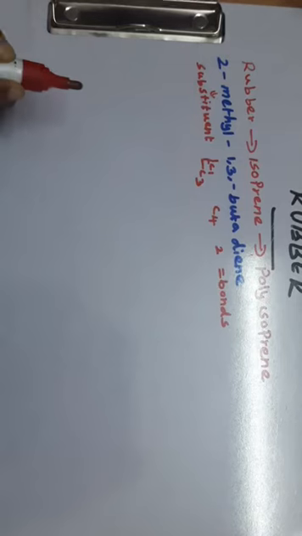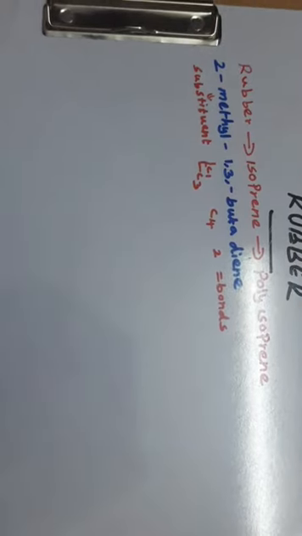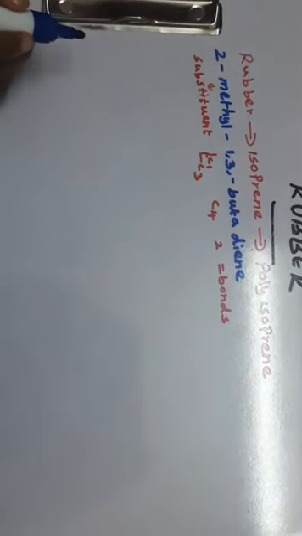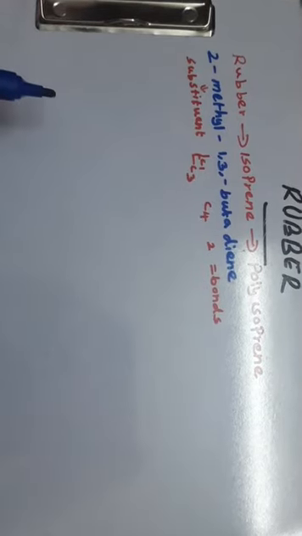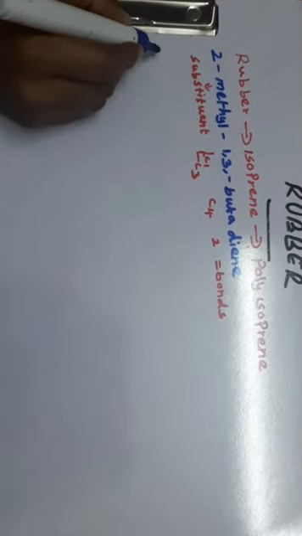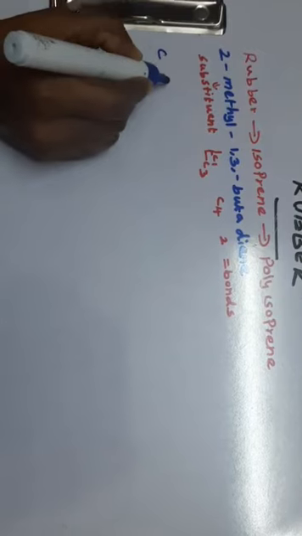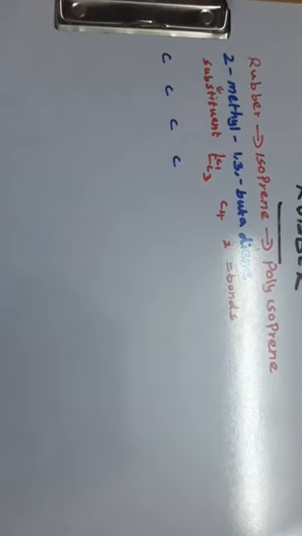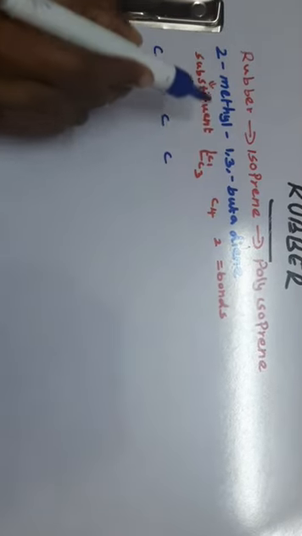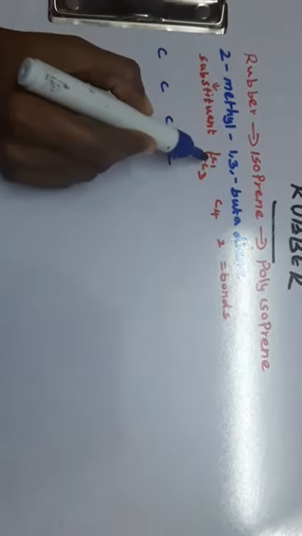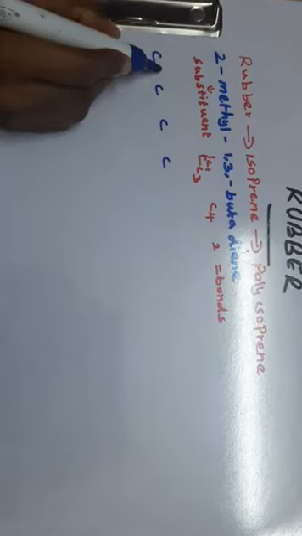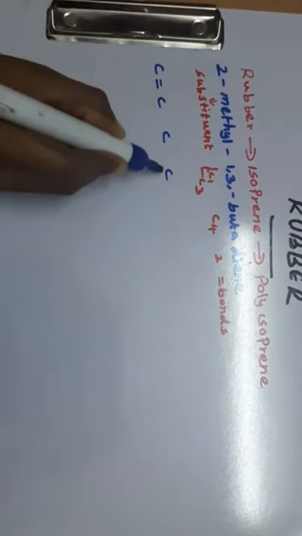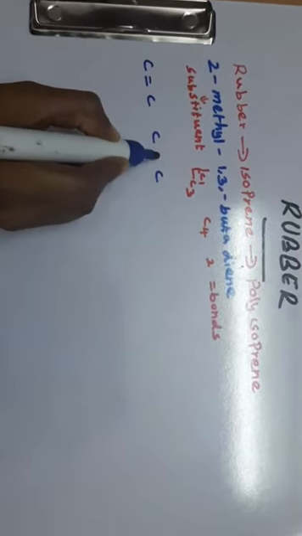C3 carbon atoms. Okay. Now we can write the structure of 2-methyl-1,3-butadiene. There are 4 carbon atoms: 1, 2, 3, 4. Next, mark where the double bond is present: C1 carbon atom and C3 carbon atoms.